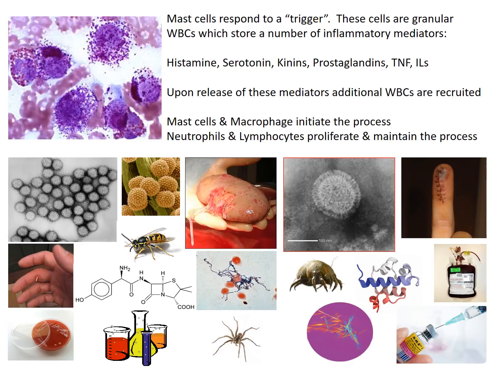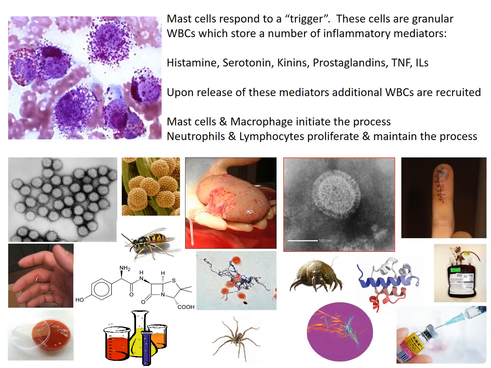Histamine, serotonin, kinin, prostaglandin, all these different chemicals are inflammatory mediators, and each cell type has a different inflammatory mediator or different combination of inflammatory mediators within the cell. These mediators are typically pre-synthesized and stored, ready to be released upon stimulus of the cell.